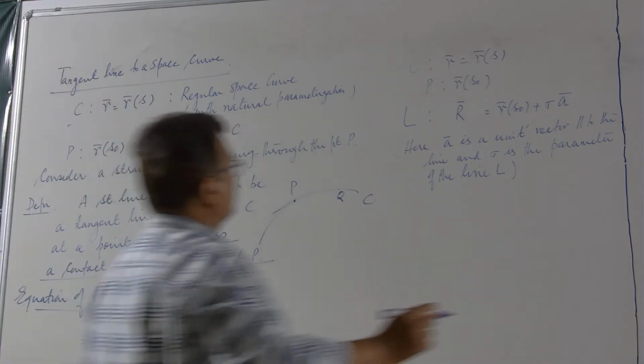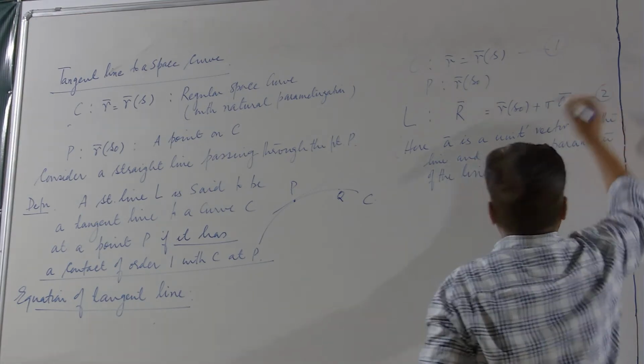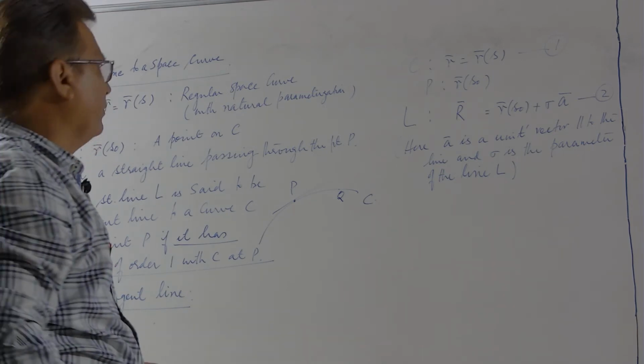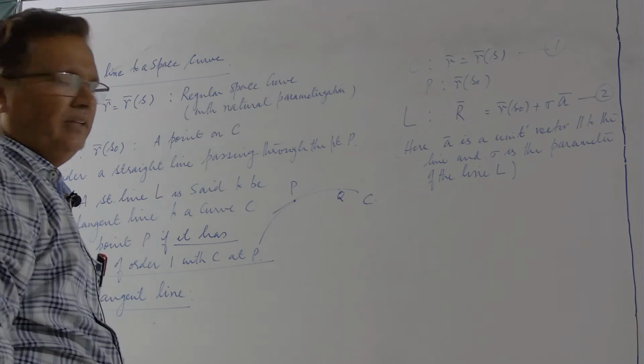Okay, so you have got two equations. This is number 1 and this is number 2. So, 1 and 2 are two curves with me, and what I am given is that they have a contact of order 1 with each other.